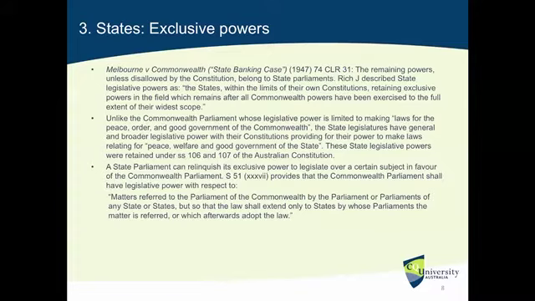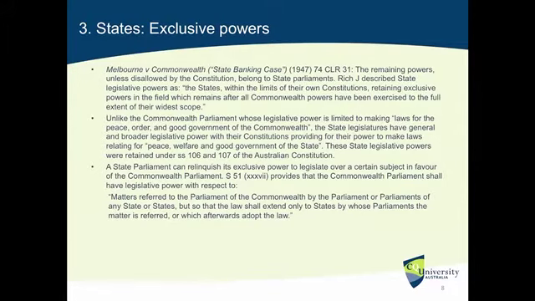And so therefore, as I said, the state parliaments, in fact, had to relinquish or concede some of their legislative powers to the Australian Commonwealth Parliament at the time of federation. So the understanding is those powers which have not been relinquished by the state parliaments to the Australian Commonwealth Constitution must necessarily, therefore, belong to them.